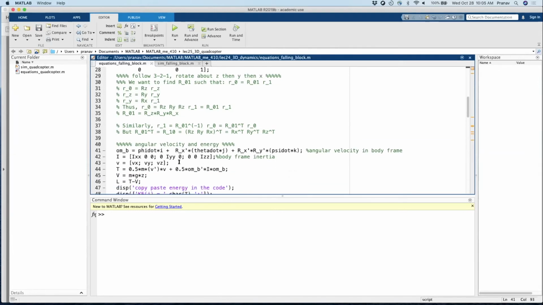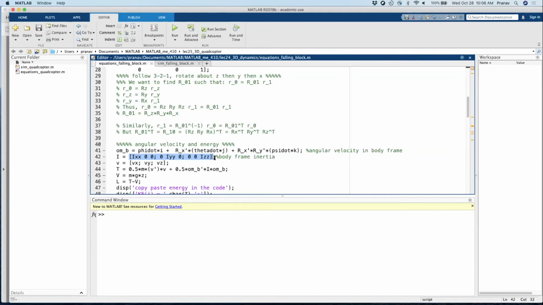Inertia is essentially, in this case, a diagonal matrix. So we assume that the body is nice and symmetric, and the principal axes are along x, y, and z. If that is not the case, then you want to accordingly modify the inertia matrix.